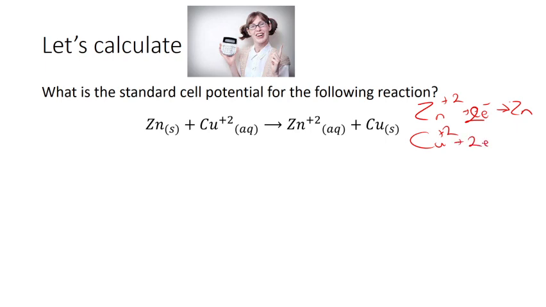The reduction equations of both of these will look like this. However, in this case, only one of them is being reduced, so we're going to have to figure out which one is our cathode and which one is our anode.